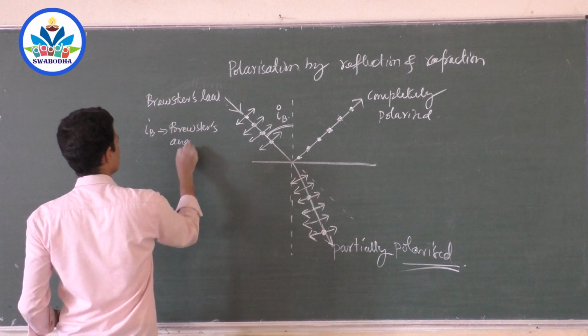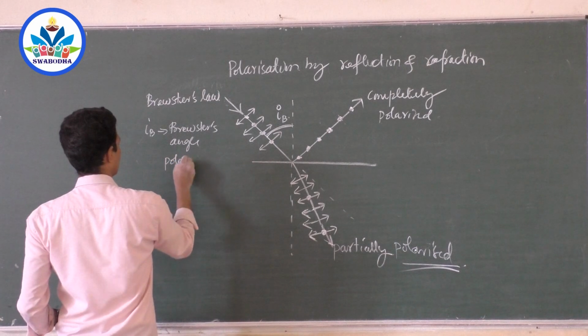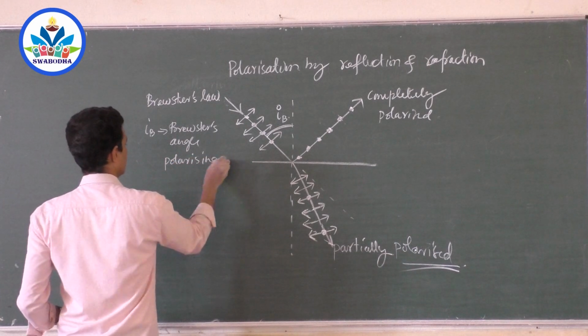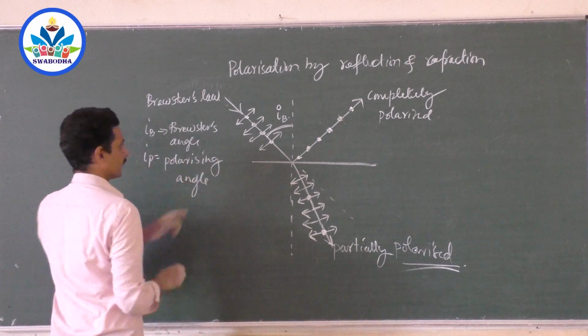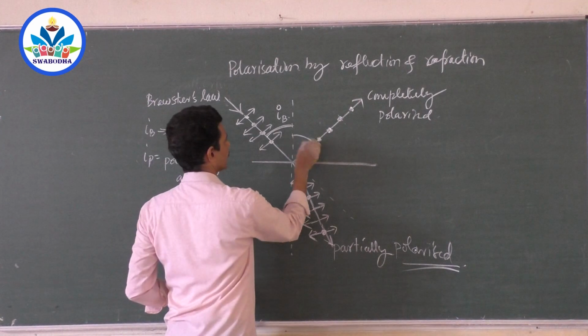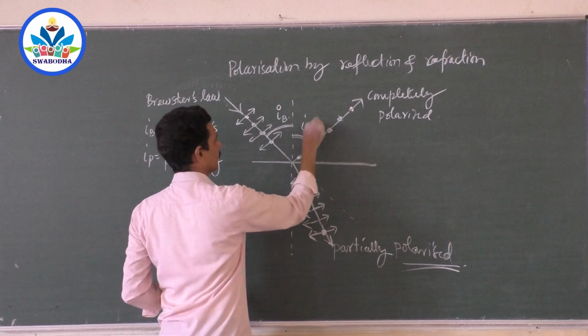Some people use the symbol IP. That is also possible, right? So both are same because angle of incidence is equal to angle of reflection.